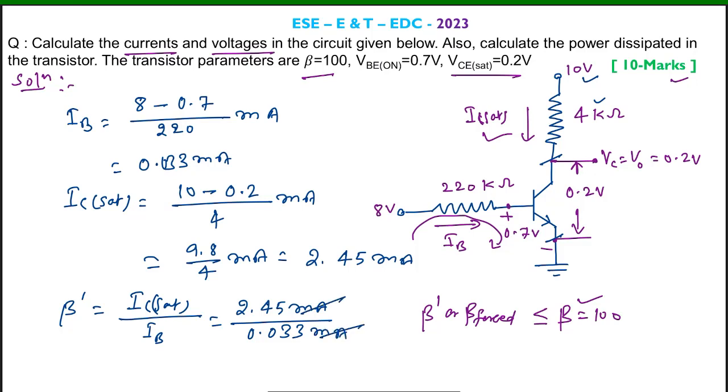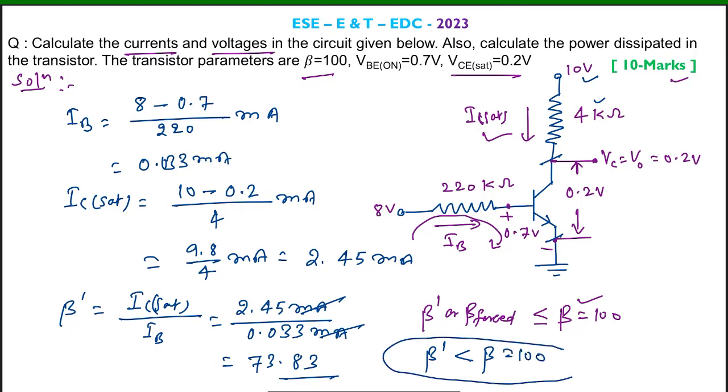The milliampere cancels, and we get 73.83. This indicates that beta dash, or beta forced, is less than the given beta of 100. This verifies that whatever we assumed, that the transistor is operating in saturation, our assumption is correct.